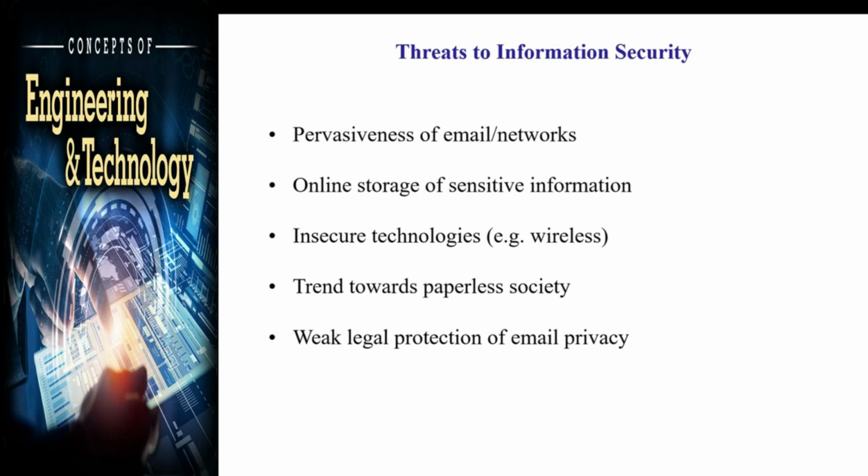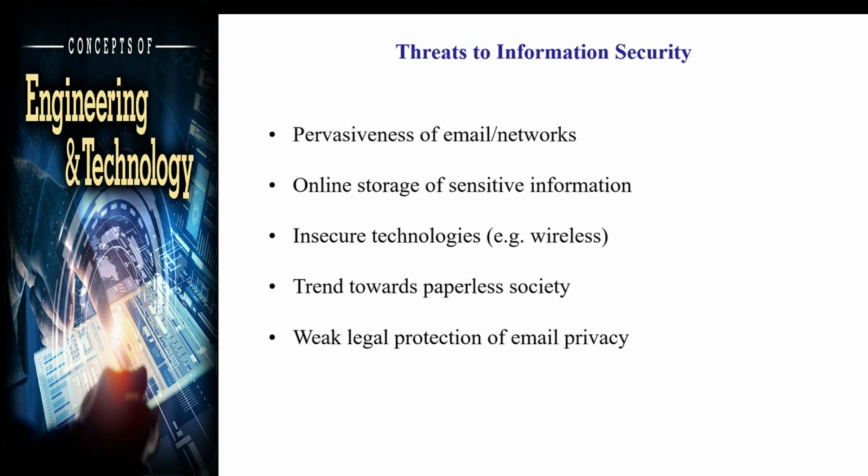Sometimes we can't say that even a very good organization has everything secured. Wireless networks are usually in a secured way, but sometimes we have insecure technology, like public Wi-Fi, and we may expose information to unauthorized people. So we should be careful. These are the threats to information security.